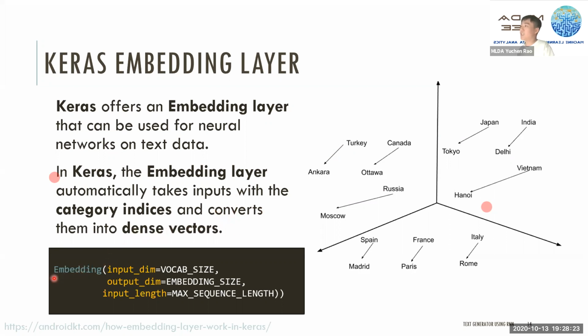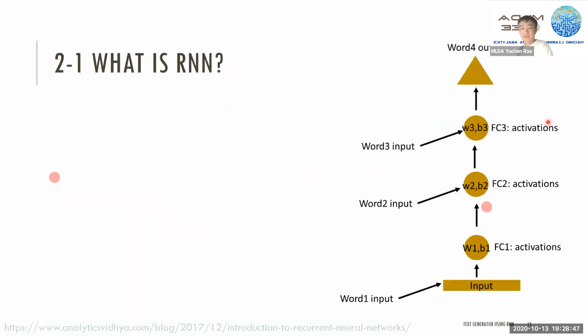It uses its predefined matrix and multiplies it with your very long one-hot vectors. It does this inner processing, and then it is complete. Keras is a very convenient way, and we will use that later.